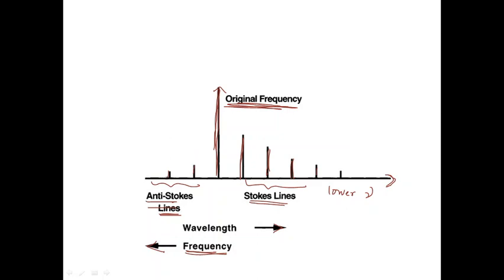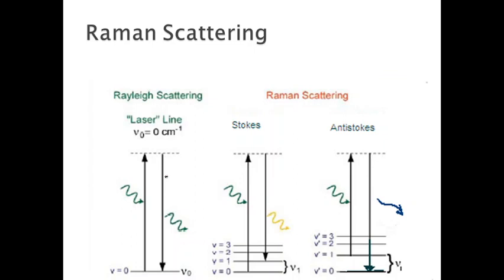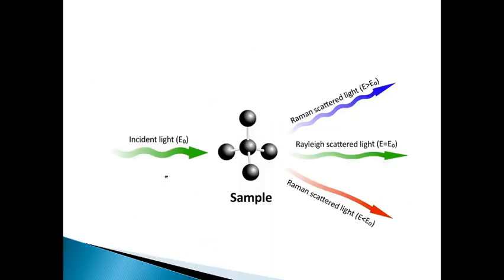So this is the process of Raman effect. This is how quantum theory explains the Raman effect process, Raman scattering, based on how photons interact with the sample molecules, and based on the equation E equal to h nu, we could explain the process of Raman scattering.